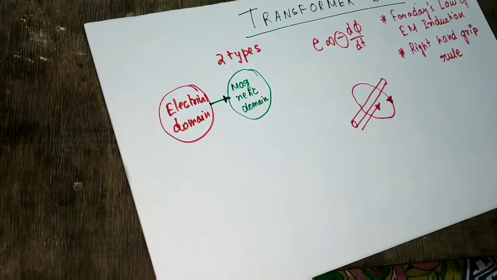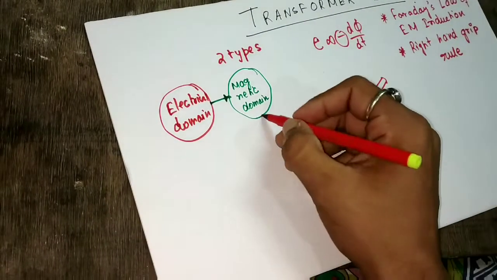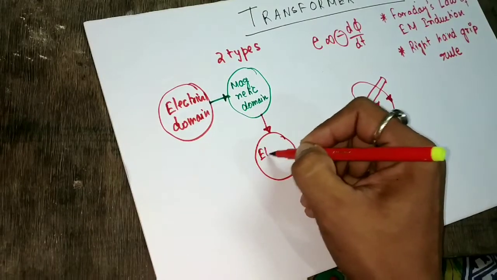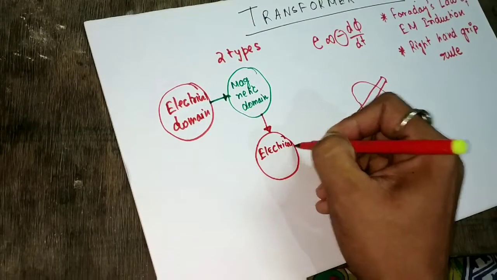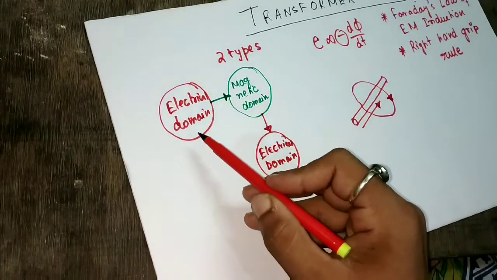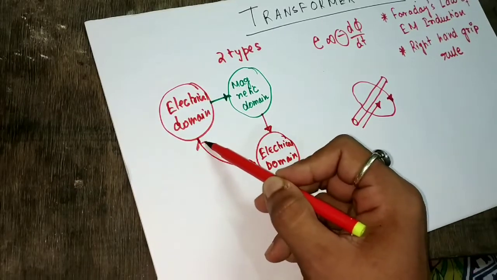Again, from magnetic domain we will move to electrical domain. So in a transformer, electrical energy is finally transforming into electrical energy.